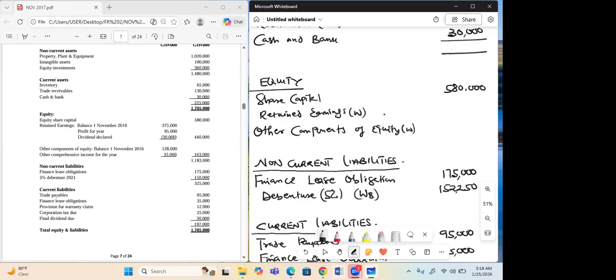Yes, retained earnings in the workings give us what? 421,750. Yes, sir. Is that the figure? Yes, boss. 421,750. Okay.